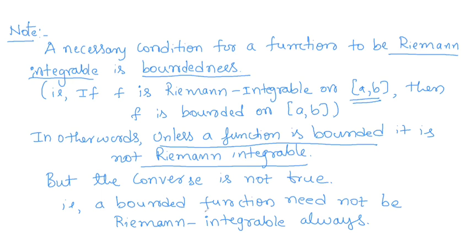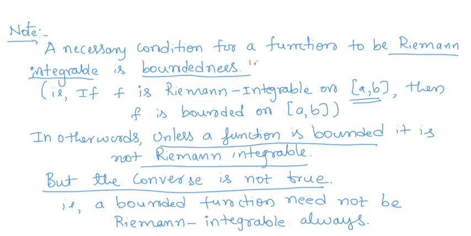But it is not sufficient. That is, the converse of this statement is not true. That means a function being bounded will not directly imply it is Riemann integrable. So boundedness is just a necessary condition. If it is bounded, we can discuss its Riemann integrability, but we cannot conclude that it is always Riemann integrable.